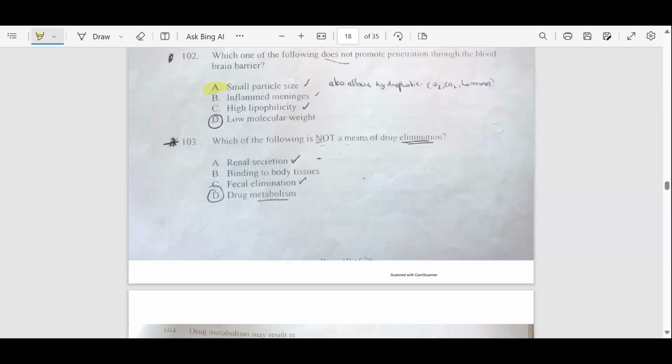So from this, we've seen that particle size is one of the factors. Molecular size, small molecular size, is not the same thing as particle size. It's not the same, yeah.